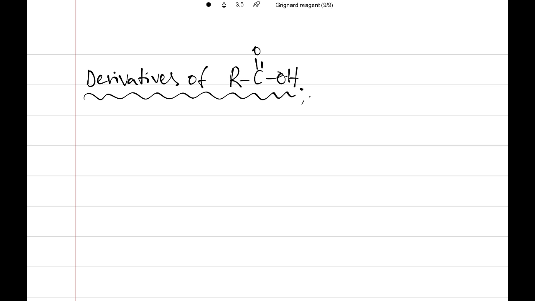Ester, acid halides, amides, and anhydrides, these four are called derivatives of carboxylic acid.